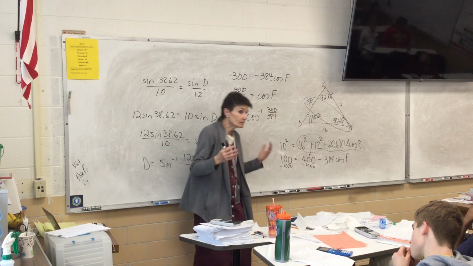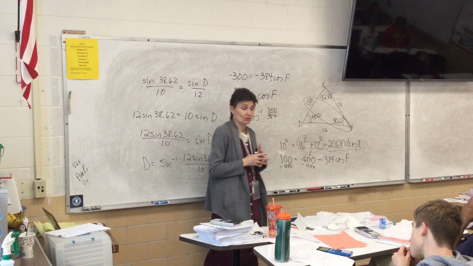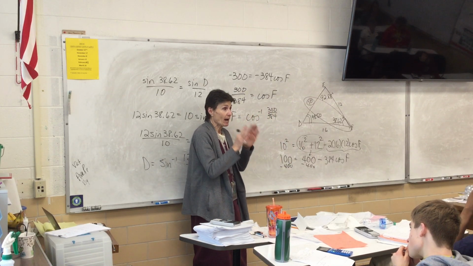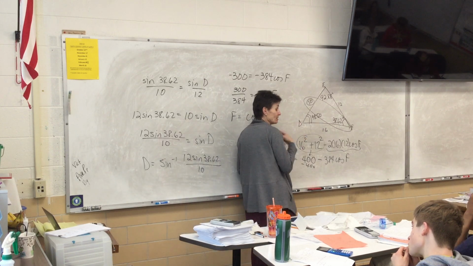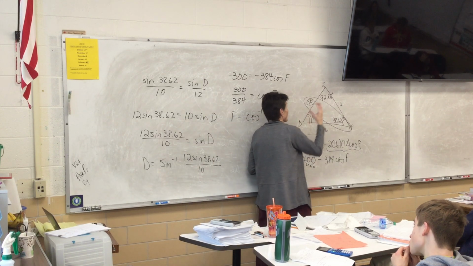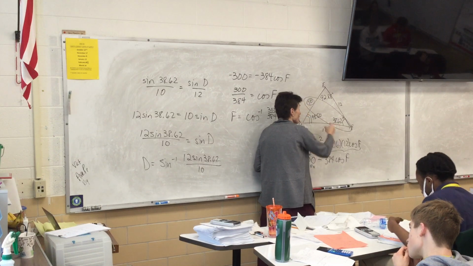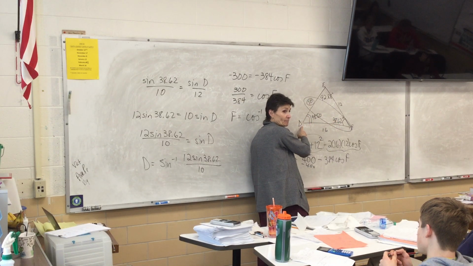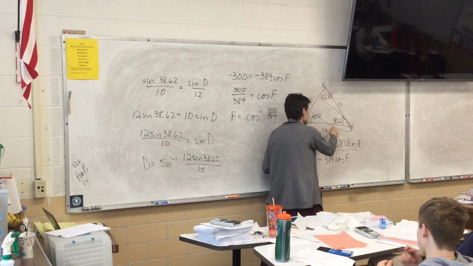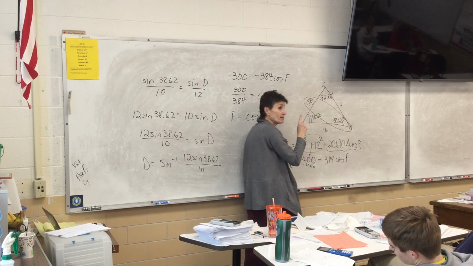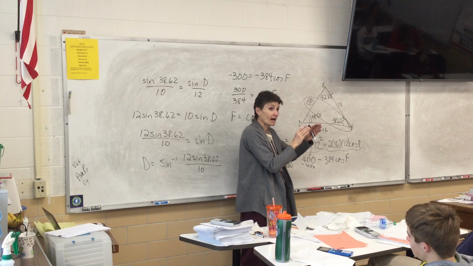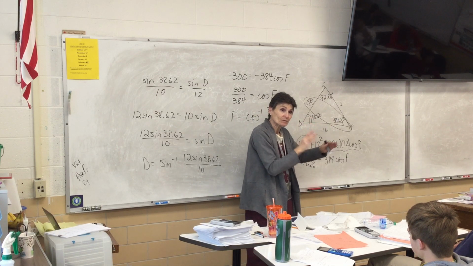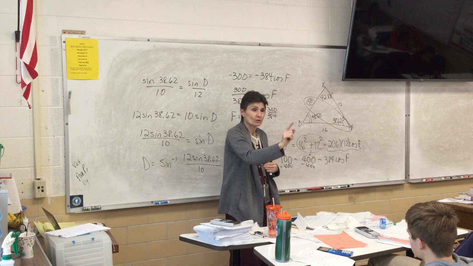Zeke found E first. Okay? Now, to get to E, the way I did it, I had to find F, then I used that answer to find D, and then I used those two answers to find E, right? So I got to E kind of like a roundabout way. He went straight to E first, and what did you get?